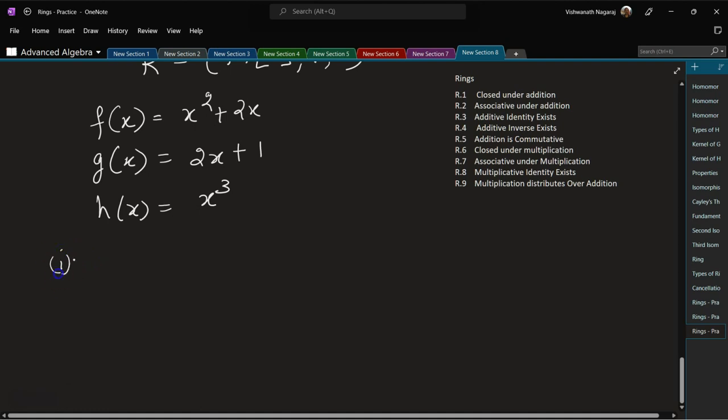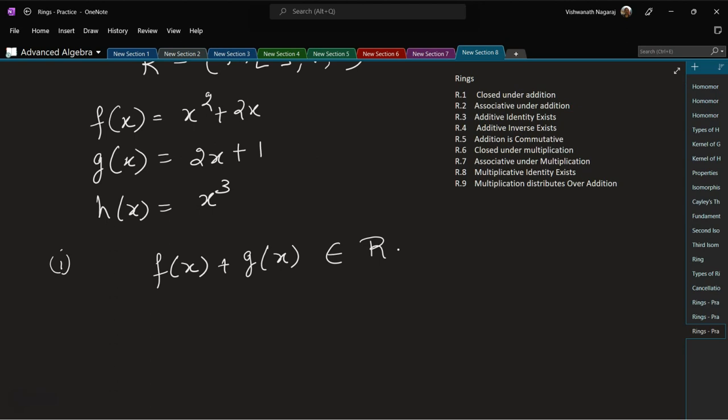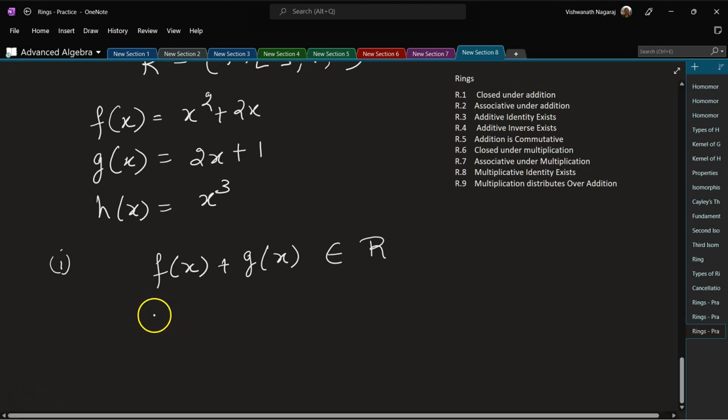Okay, now let's look at closed under addition. What does this mean? We take any two polynomials. If we add them, we should get another polynomial which is in this ring. So let's do this. What do we get? x square plus 2x plus 2x plus 1, which is equal to x square plus 4x plus 1.